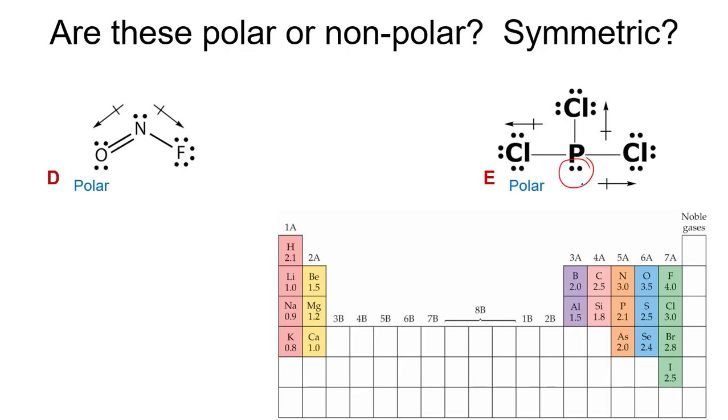If you have a lone pair, it's probably going to be polar, with the exception of when you have octahedral and you have the four elements around the central atom, and then you have a lone pair up here and a lone pair down here. Those can actually be nonpolar because they are all on the same plane. And then you have one electron pair above and one electron pair below.